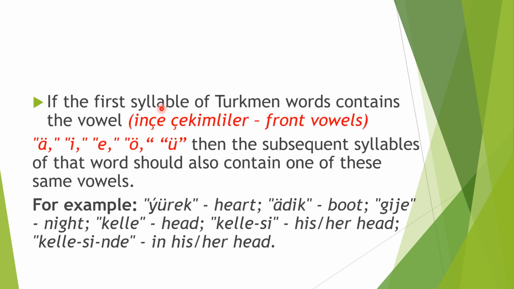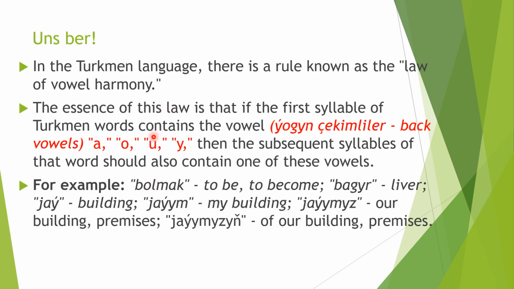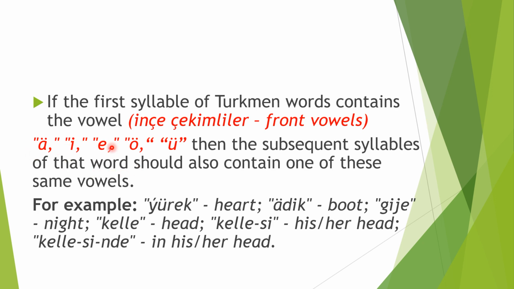Okay, let me go back and just show you the simple tip. Ýogyn çekimliler, students, they are 4: A, O, U, I. But inçe çekimliler, they are 5, and all of them have 2 dots above the letters, but e.